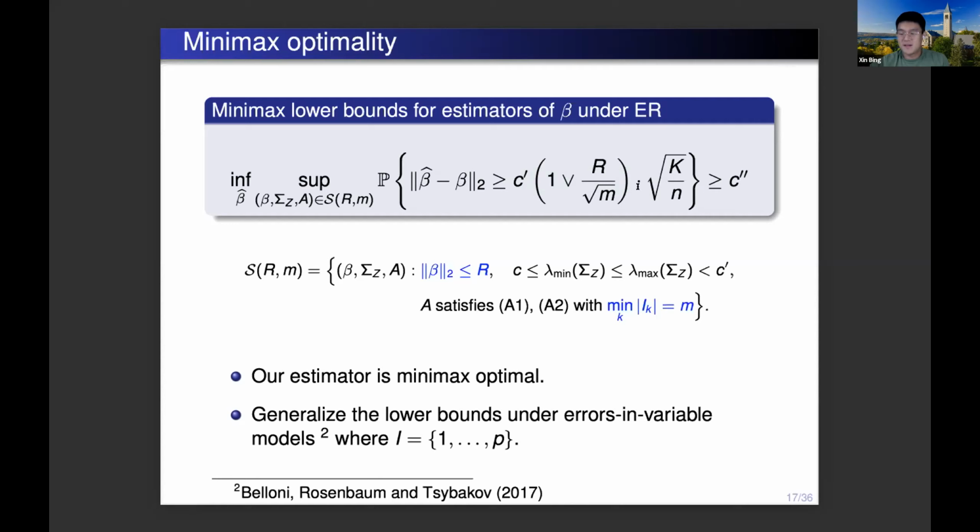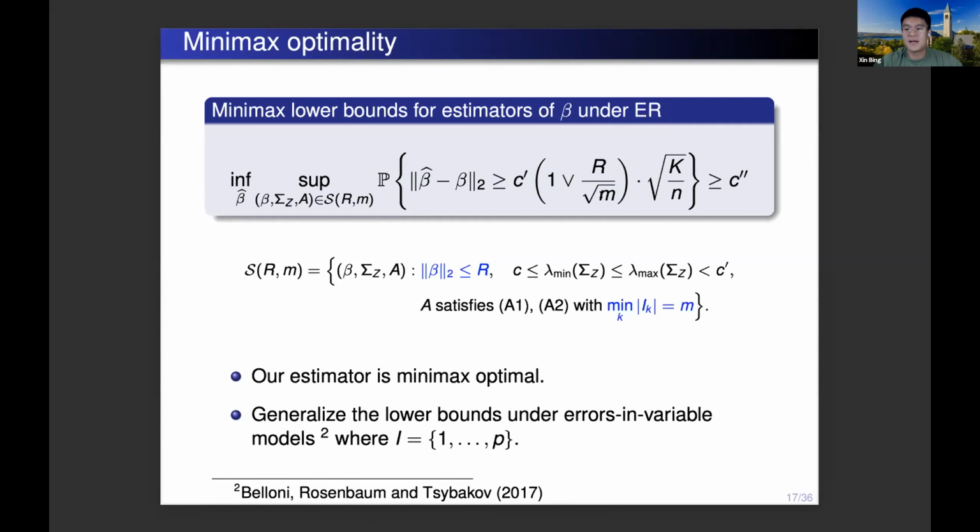And this is the non-standard rate. For instance, one might think that the 2 norm of beta typically represents the signal strength in regression, right? And I would think that the larger beta is, or the larger R is, the easier this problem becomes, so that we can obtain a faster rate.